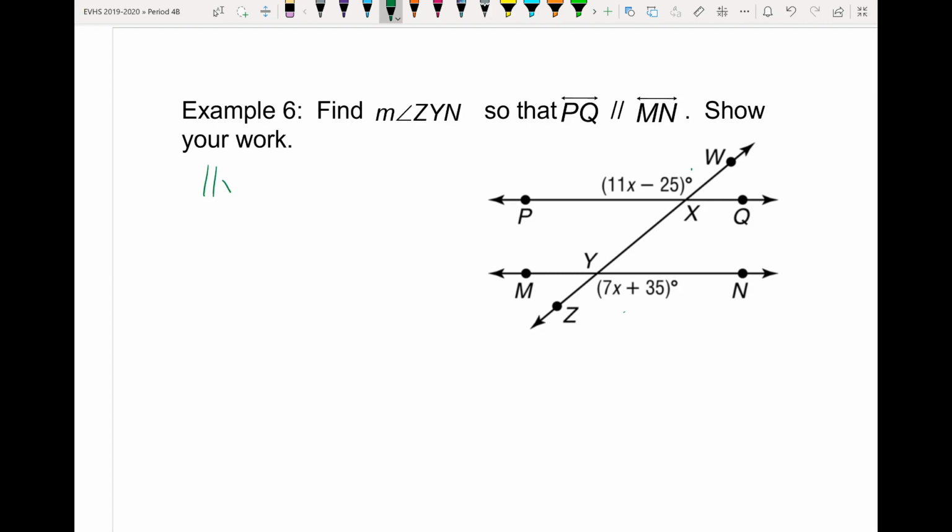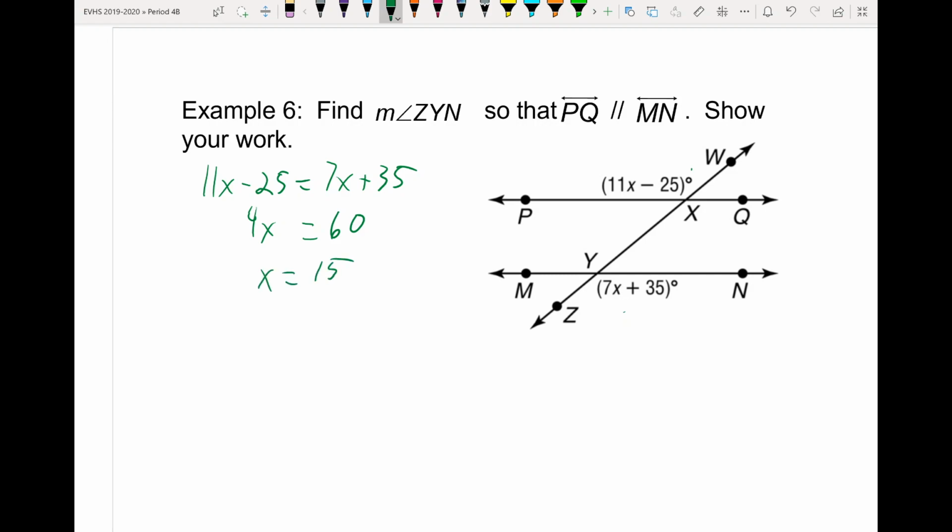So 11x minus 25 equals 7x plus 35. Now what? Subtract 7x on both sides gives me 4x. Add 25 on both sides gives me 60. Divide by 4 and I get x equals 15.